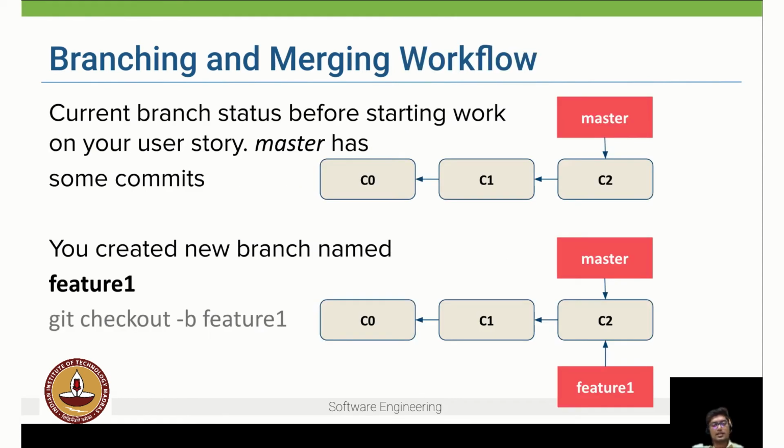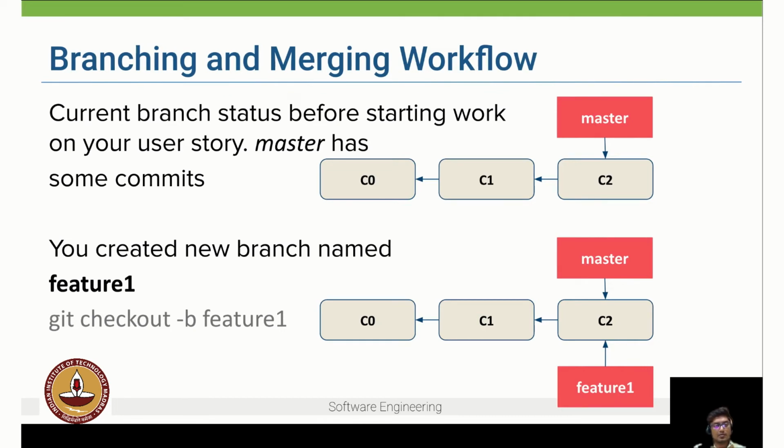Now let's see the workflow of the scenario that we discussed. The current branch status before starting work on your user story: consider the master branch is on some commit C2. There are two changes done in your project and you are on the master branch, which is on C2.